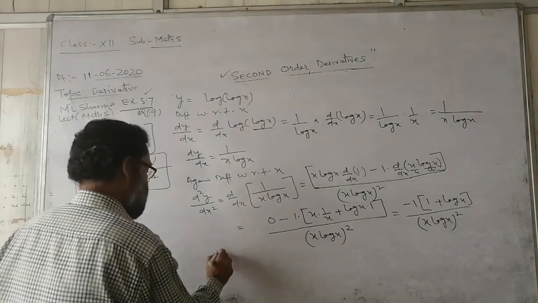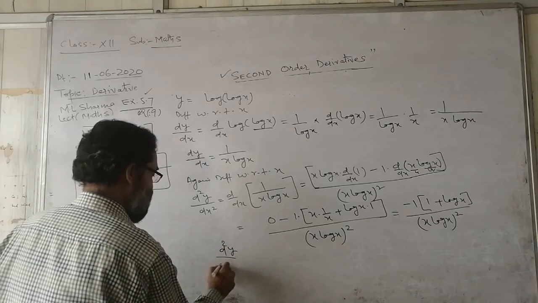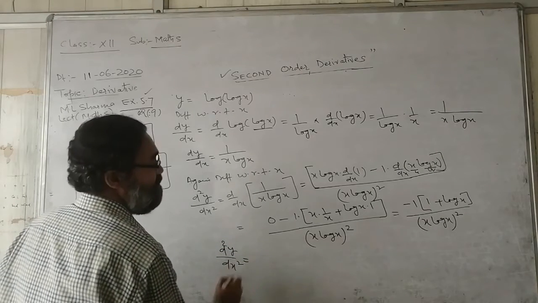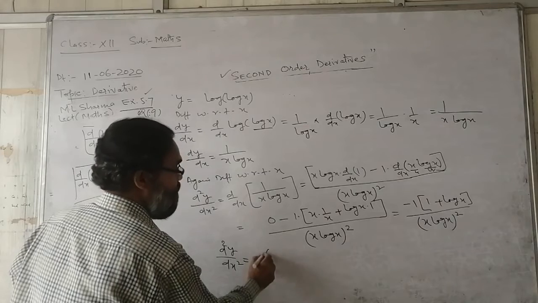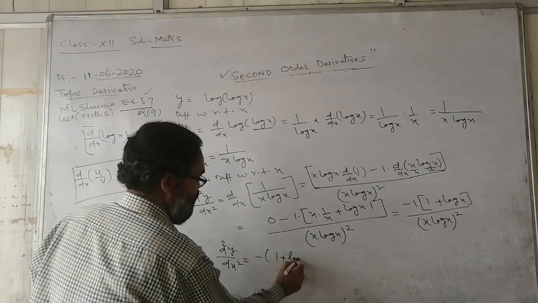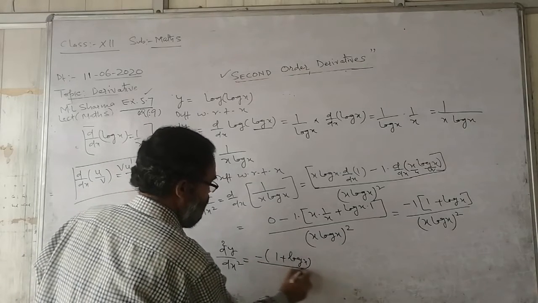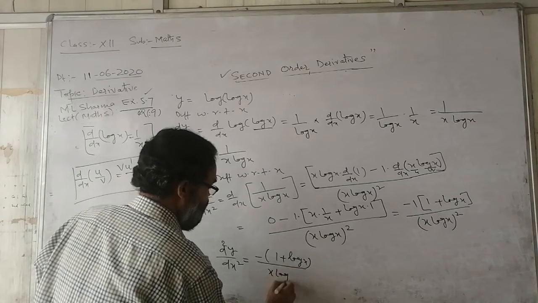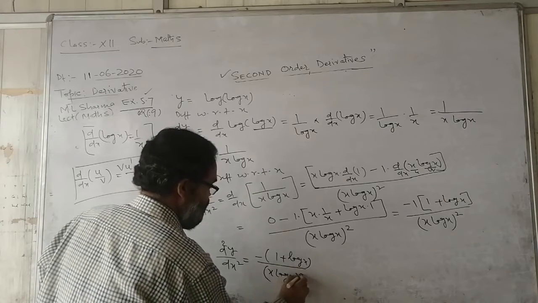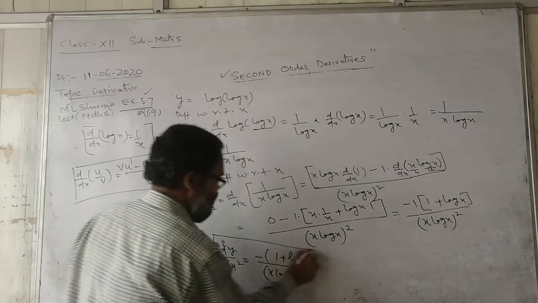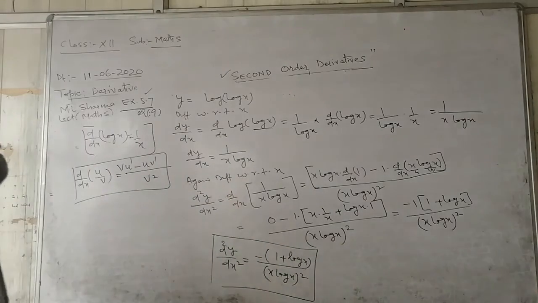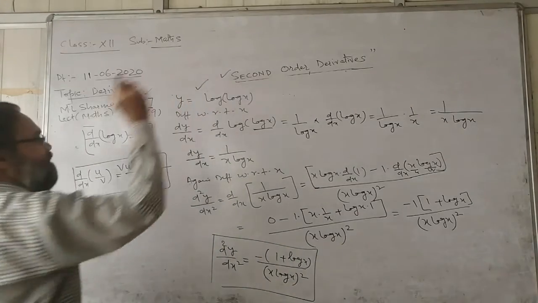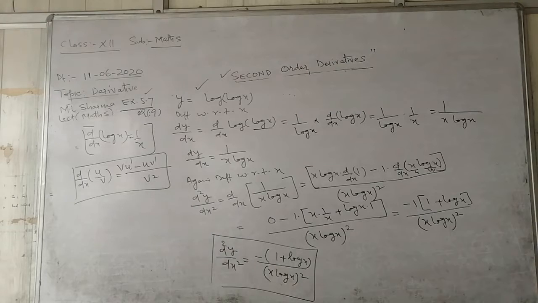That means d2y upon dx2 is equal to minus 1 plus log x upon x log x its square. So in this way, the second order derivative of the given function can be calculated.